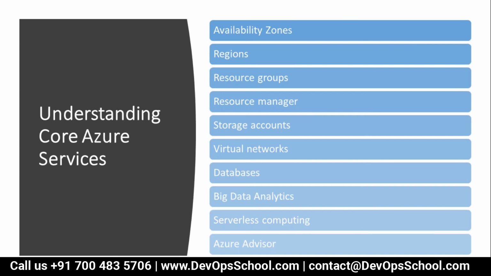We used to call it South India region. And exactly where the data center is located, that is the availability zone. Region is any geographical area. You will not get the exact address of the data center, because if you did, it would be a security threat.